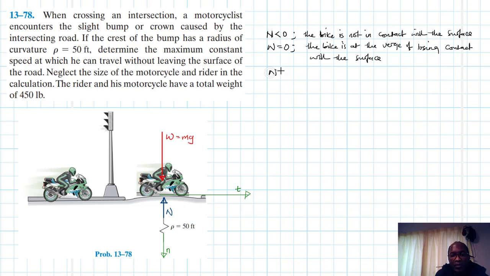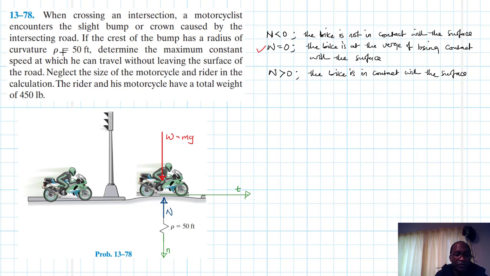And then we have N greater than 0, where the bike is in contact with the surface. Of these three conditions, we are using the condition at the verge.